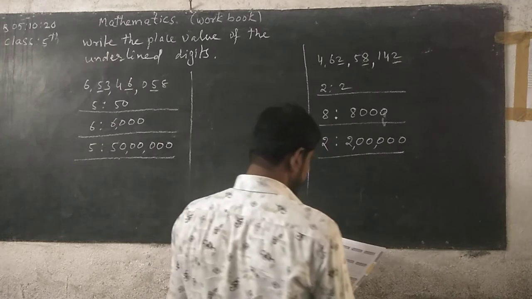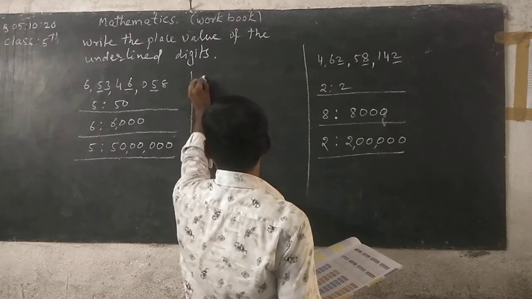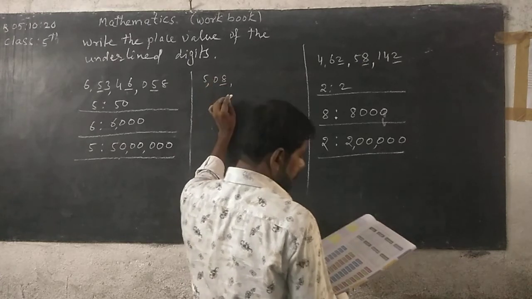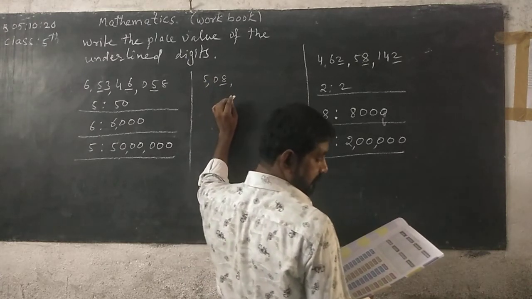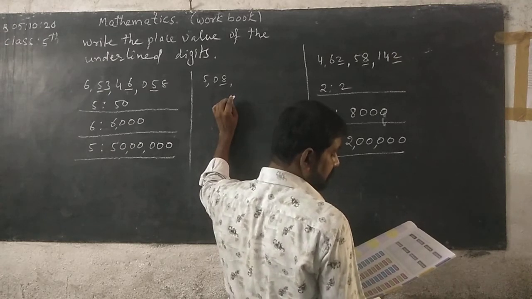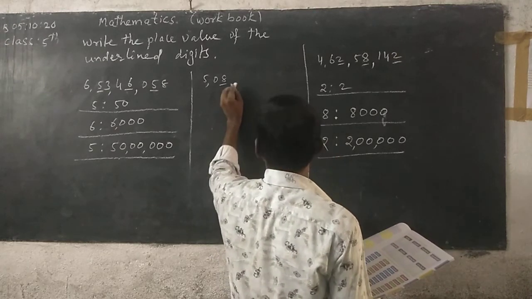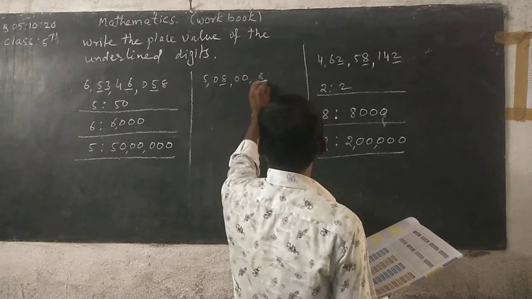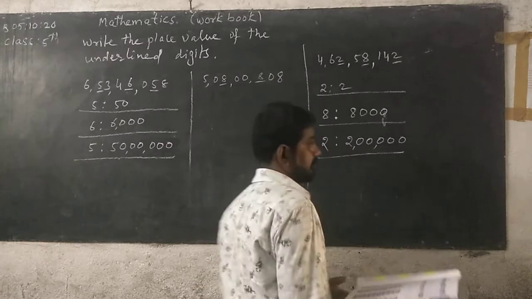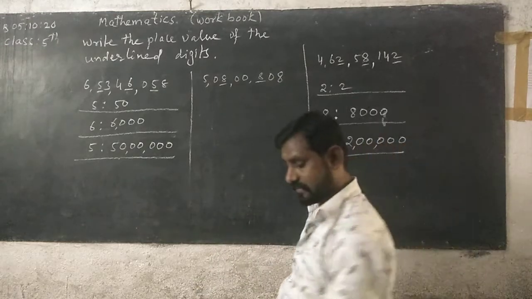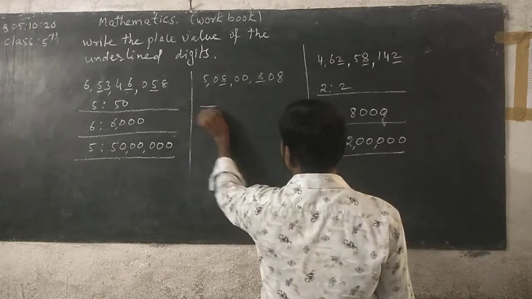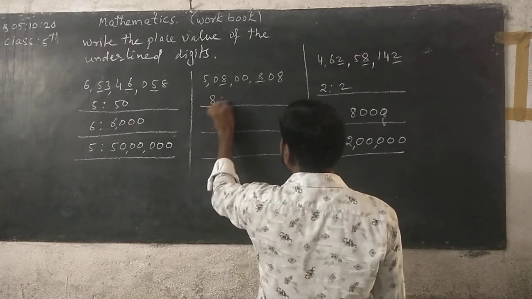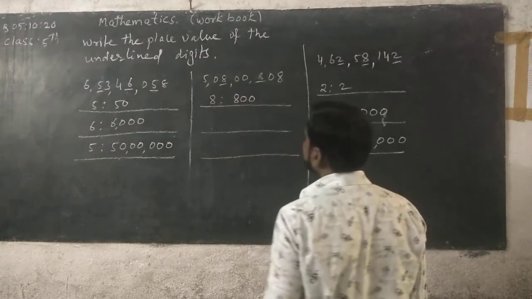Next, 5 crore 8 lakh 808. See here, 8 is in hundreds place, 800.